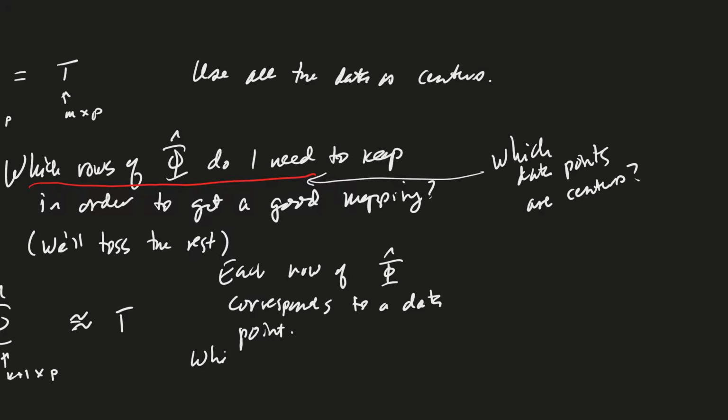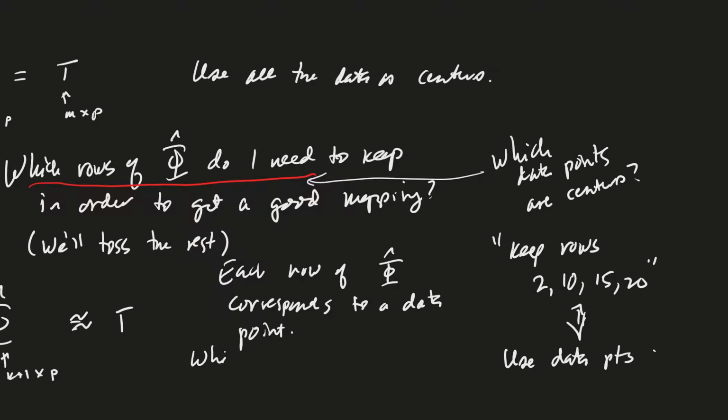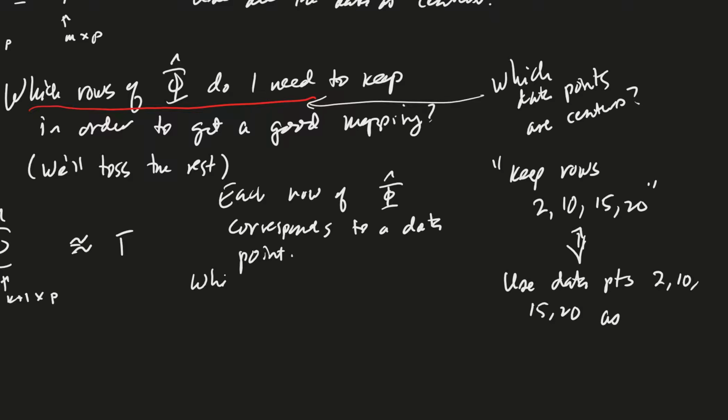Because if I say I want to keep rows, say 2, 10, 15, and 20, those are the four, then this is exactly the same thing as saying use data points 2, 10, 15, and 20 as cluster centers, or centers for the RBF, I should say.